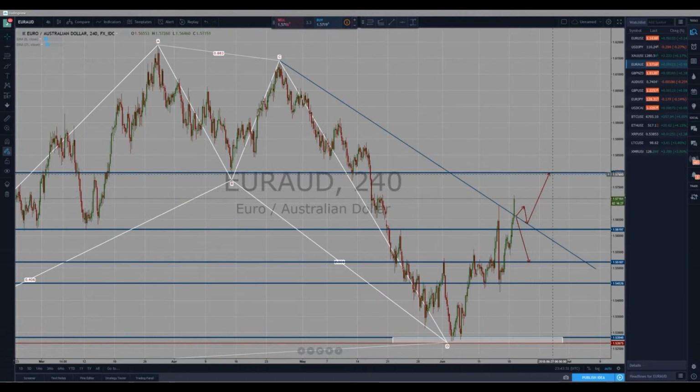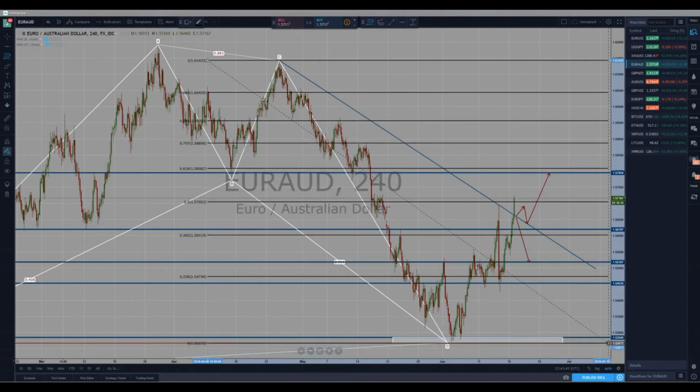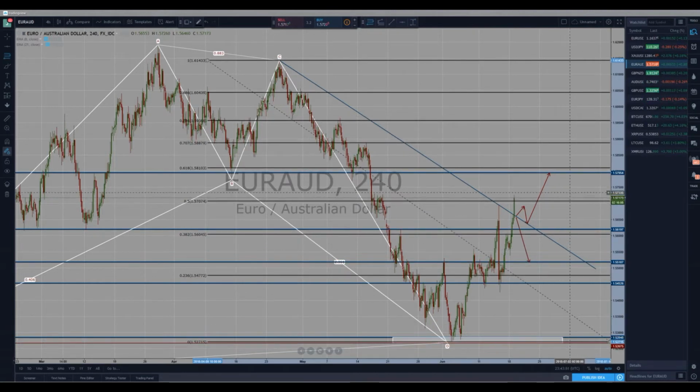If not, we'll be looking for it to rocket up and test this 1.57954 horizontal line, which is conveniently the B point. This retracement does complete here pretty soon. Let's throw on a Fibonacci retracement and see where exactly we're at right now. We're just breaking through the 0.5. I would not be surprised to see the 61.8 being tested before continuing downward on EA.